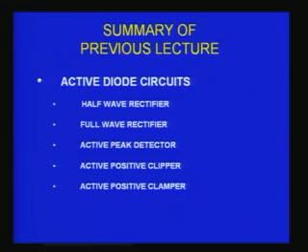You might recall that we discussed an active diode circuit, how a normal semiconductor diode can be improved to become almost an ideal diode, which is actually the normal diode along with an operational amplifier.